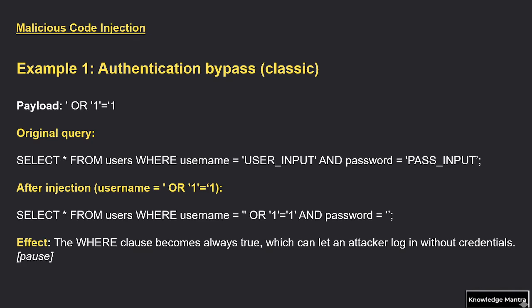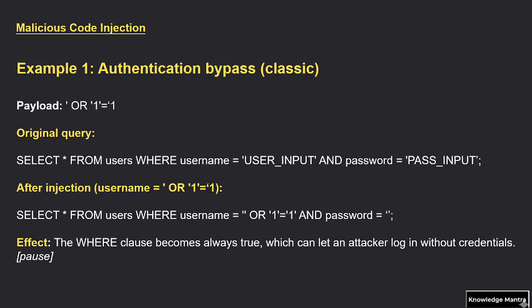Okay. Now after injection, the hacker injected 1=1, or 1=1. Now the injected query becomes SELECT * FROM users WHERE username equals '' OR 1=1 and password equals empty quotes. So what will be the effect after the hacker injected the malicious code?